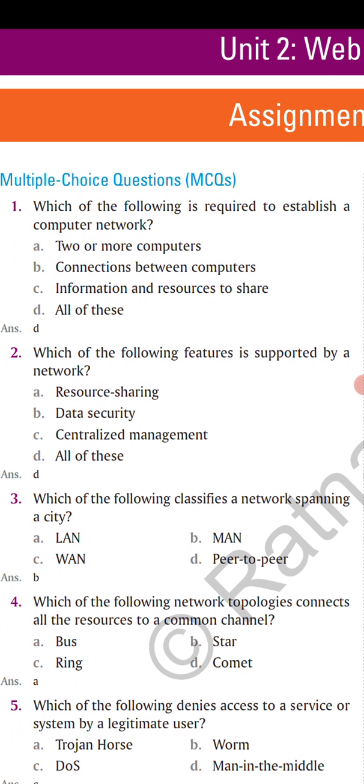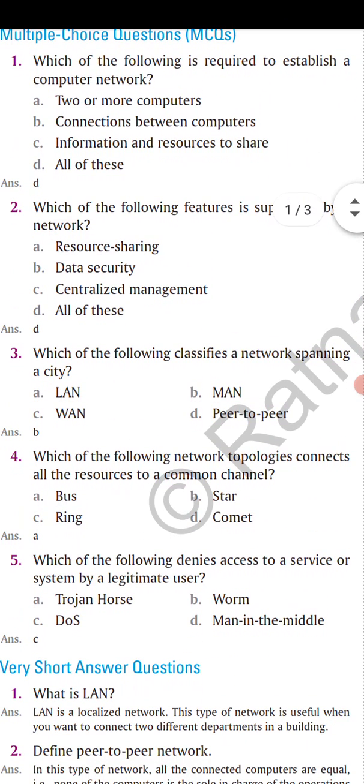Information and resources to share are also needed. If you are creating a network, then information and resources must be there. All the fields are compulsory, and the answer is all of these. So dear students, write this answer: all of these.